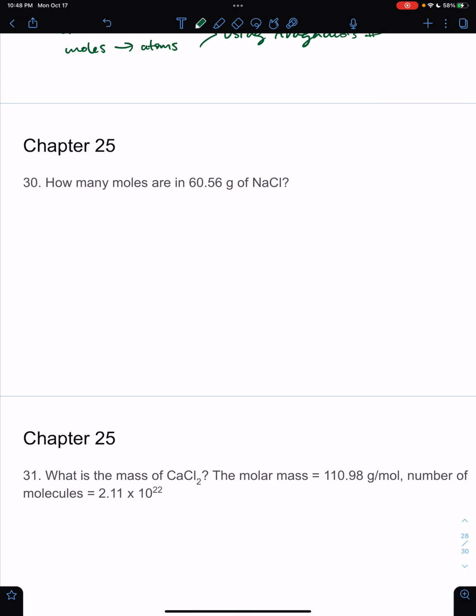Okay, number 30 says how many moles are in 6.056 grams of sodium chloride. So grams to moles or moles to grams. We're going to be using the molar mass.